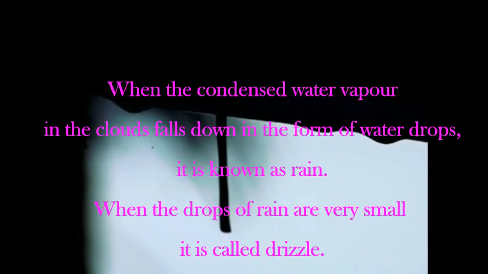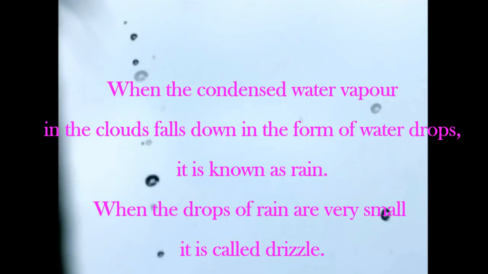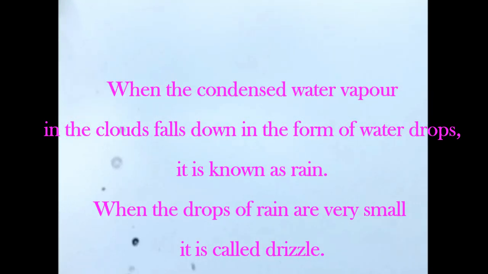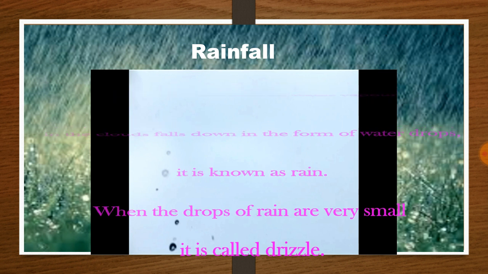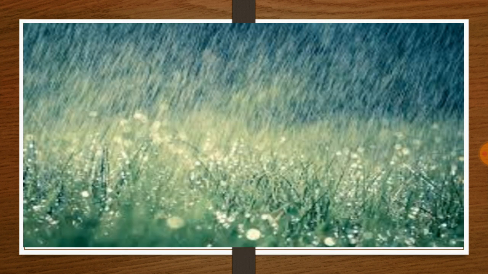When the condensed water vapor in the clouds falls down in the form of water drops, it is known as rain. When the drops of rain are very small, it is called drizzle. There are mainly 3 types of rainfall.